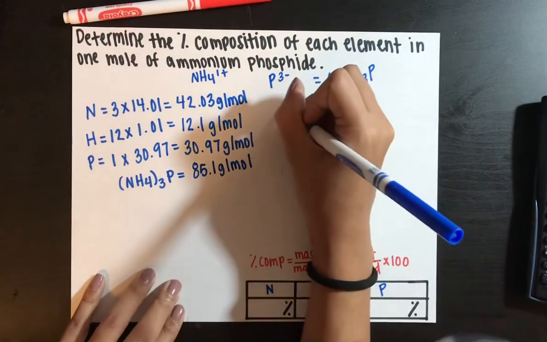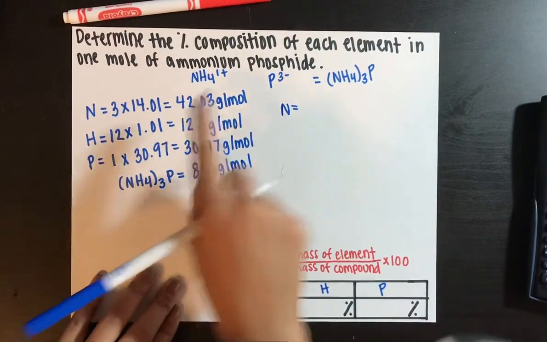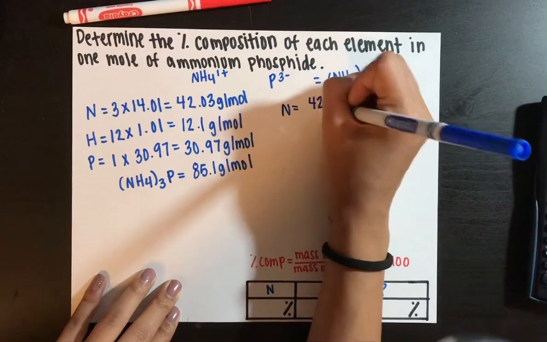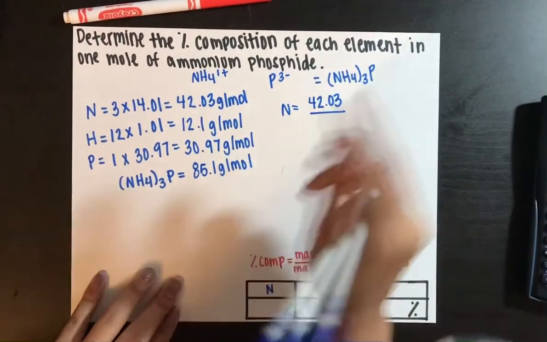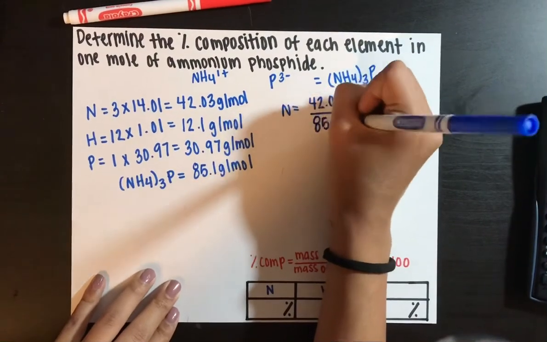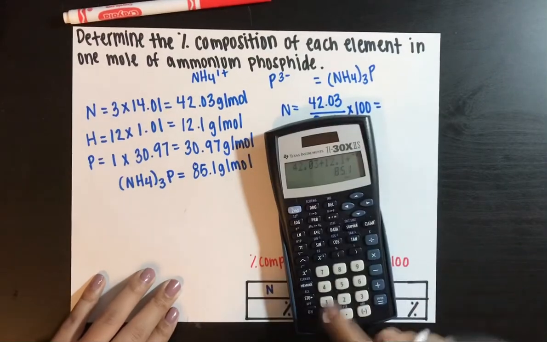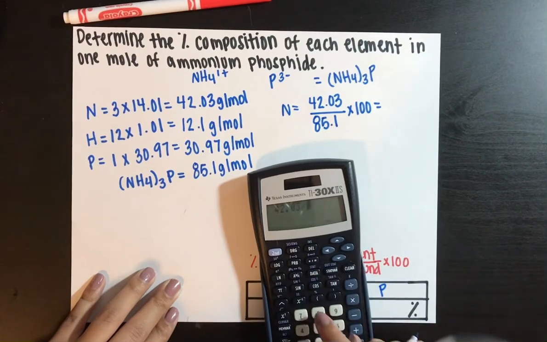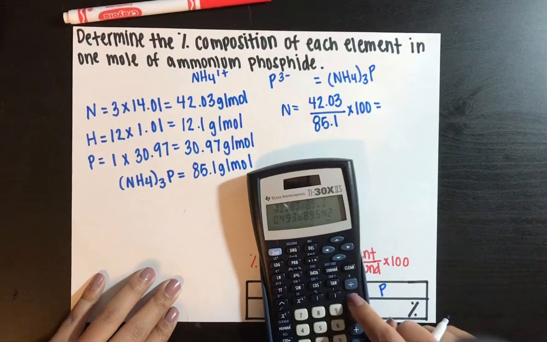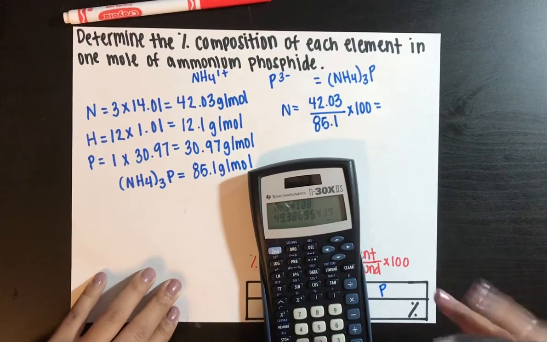For N, our mass of element is 42.03, our mass of compound is 85.1, and we multiply that by 100. 42.03 divided by 85.1 times 100 gives us 49.388.